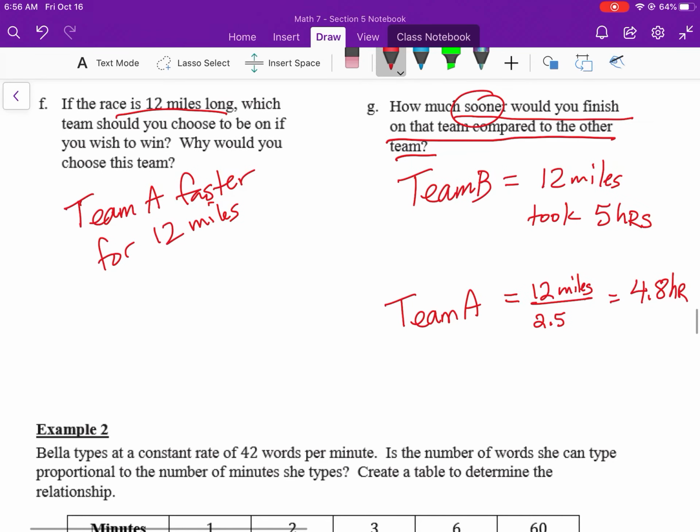How much sooner? That means I'm going to subtract 5 hours minus 4.8 hours, which is 0.2 hours, right? If I want to know how many minutes that is, remember there are 60 minutes in an hour, so 0.2 times 60. 0.2 times 60 is 12 minutes.